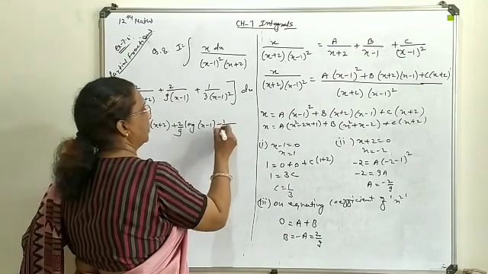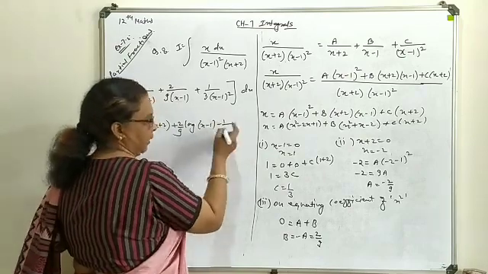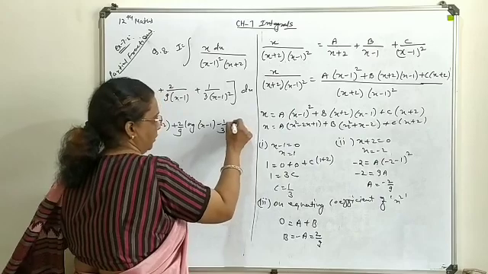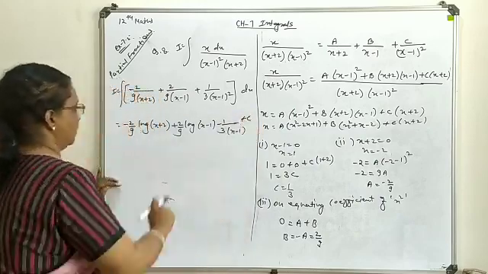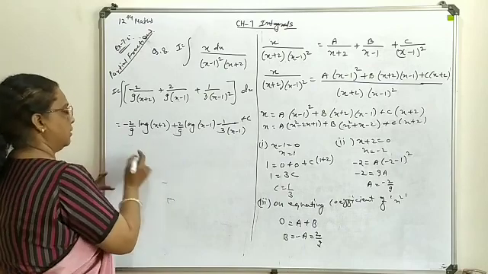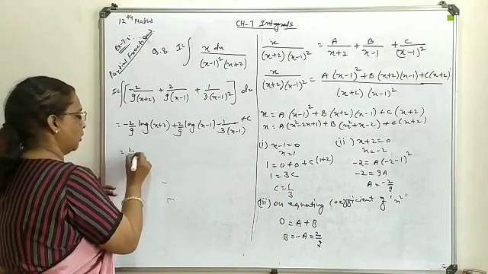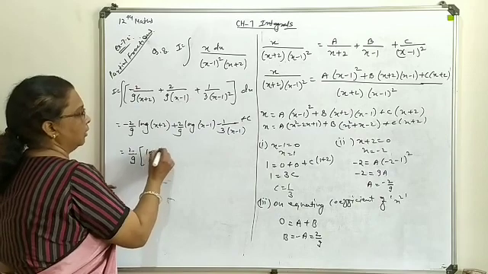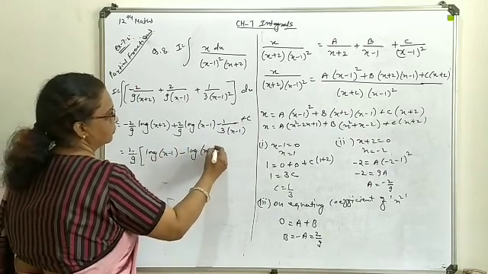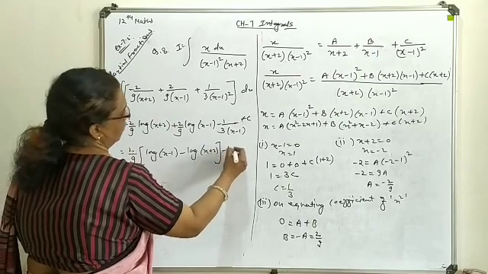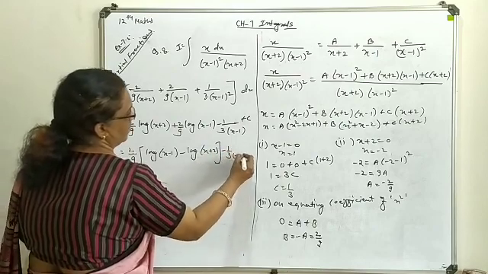Minus 1 upon 3, and 1 upon x, this is x minus 1. You can write using the formula and you will get the same. This is being a constant. If you want to make them combined, it is possible. 2 upon 9 you can take common here. So this will be your log of x minus 1 minus log of x plus 2 minus 1 upon 3 x minus 1, plus C.